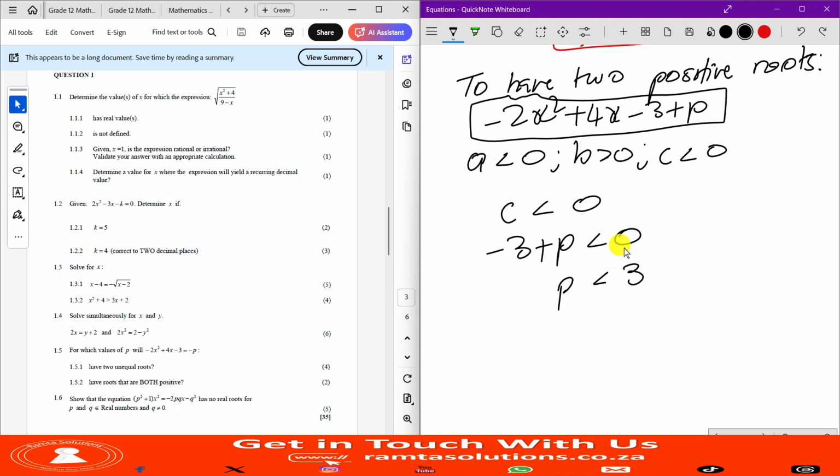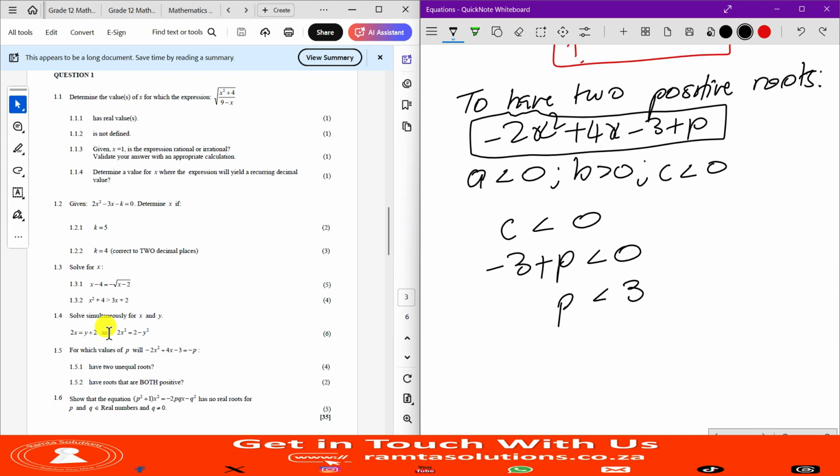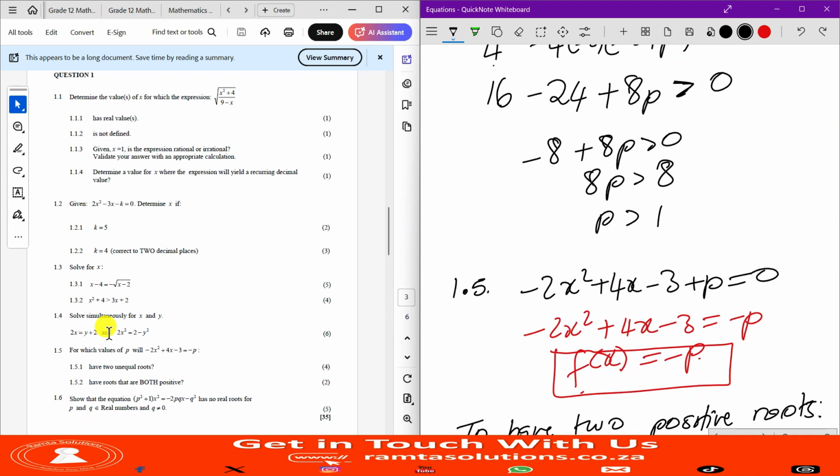But hold on. If you say p is less than 3, yes, you will get two positive roots. Now, you did say as well that at p greater than 1, you will have two unequal roots.